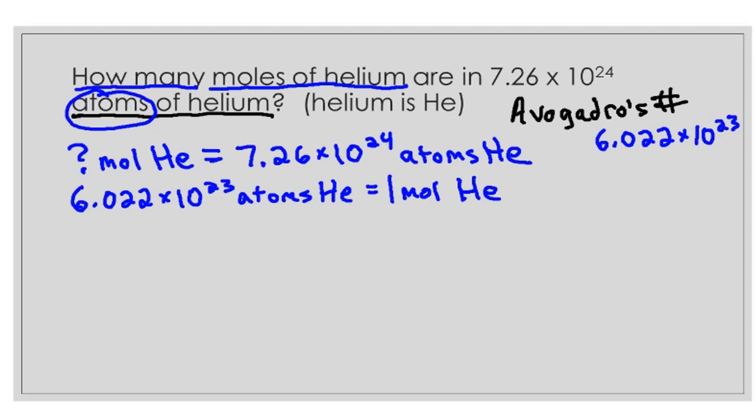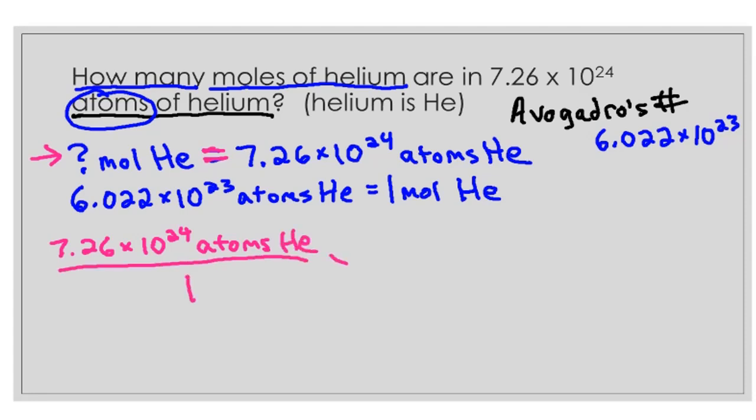So now we can set up our dimensional analysis, and we start with the question mark line. We start with what's on the other side of the equal sign, what we know, which is 7.26 times 10 to the 24th atoms of helium, and we just set that over 1. Multiply, fraction bar.